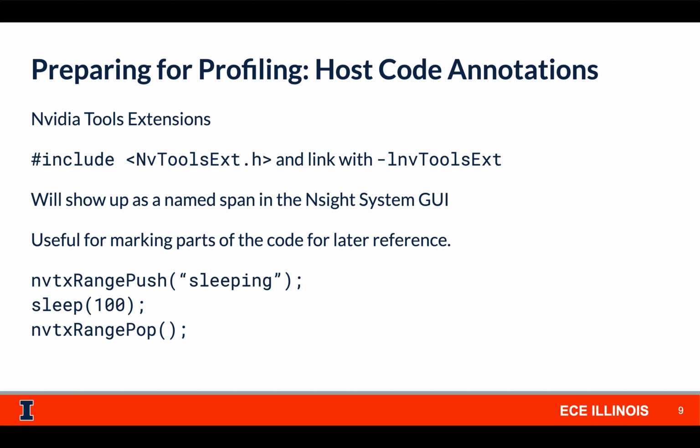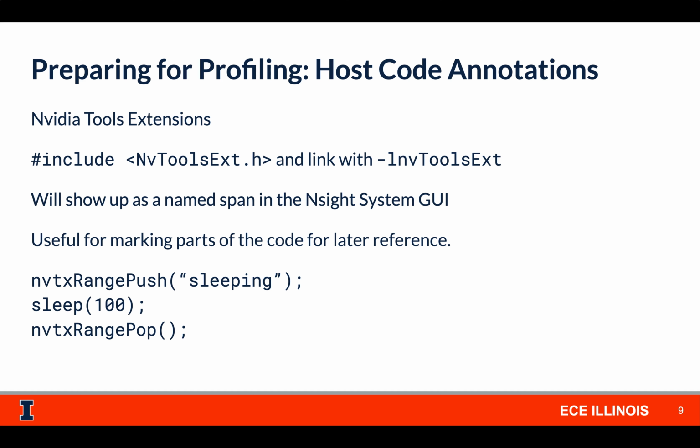I mentioned there are some things that you might want to do to prepare your code for profiling, and obviously you can do this at any time. One thing that requires some changes to the CPU code is something we can call host code annotations. Basically NVIDIA gives you a way to mark particular regions of your code, and they'll show up in the profiler under a particular time span. So you can say, I really care about the part of the system when my host code is doing this, so I can mark this particular range, and it's easy to see in the profiler.